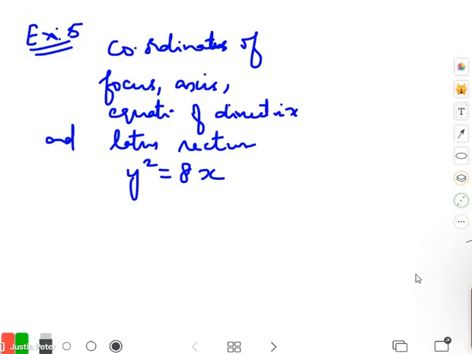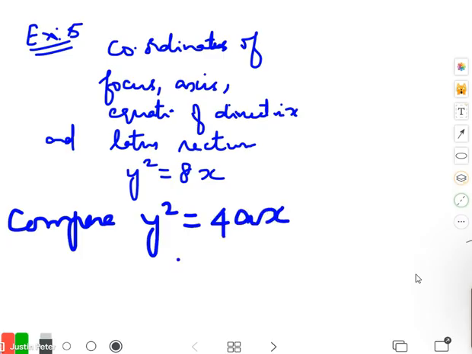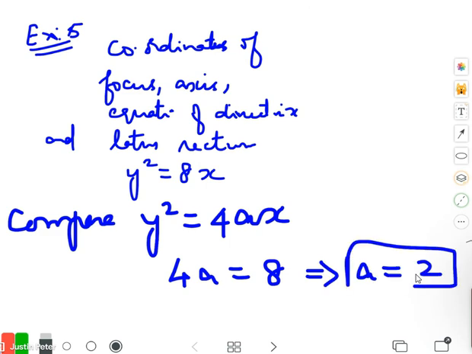Now we have to compare this equation with y square is equal to 4ax. 4a is equal to 8, which means a is equal to 2. What will be the coordinates of the focus then? This will be 2 comma 0.